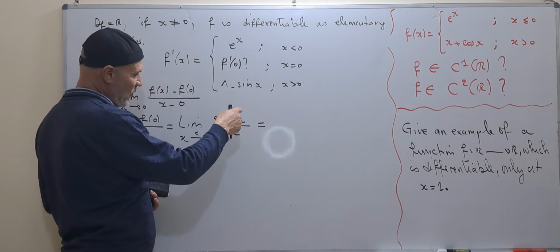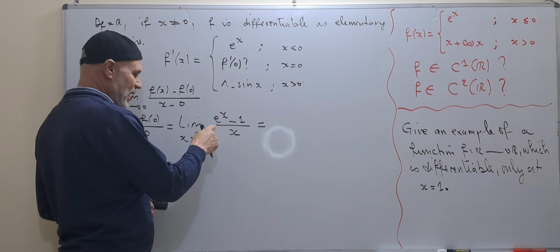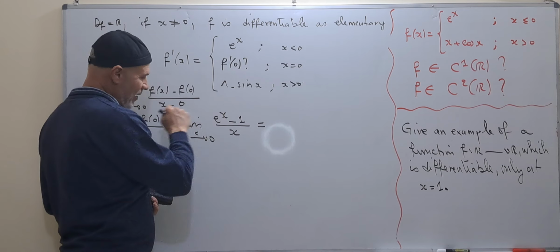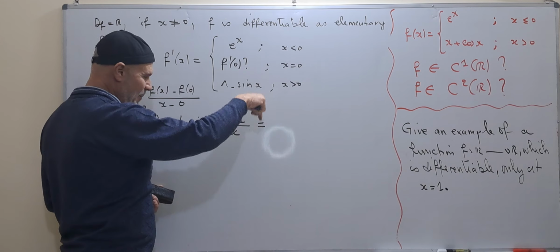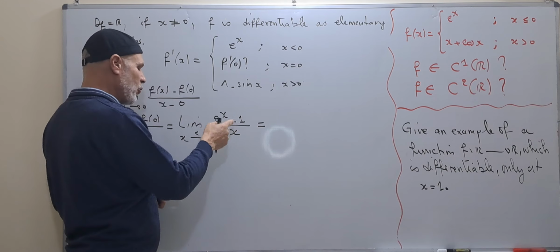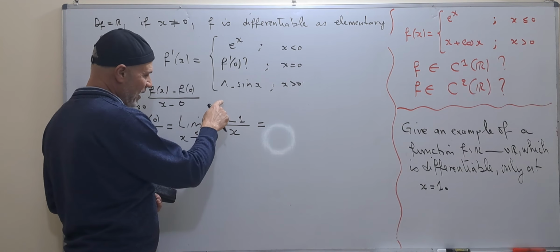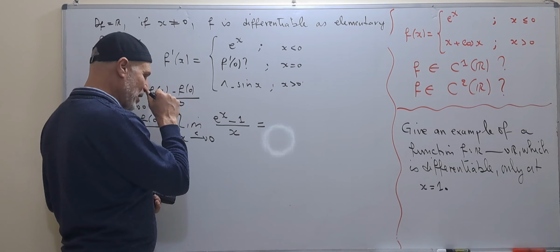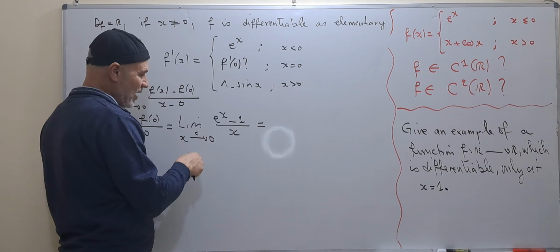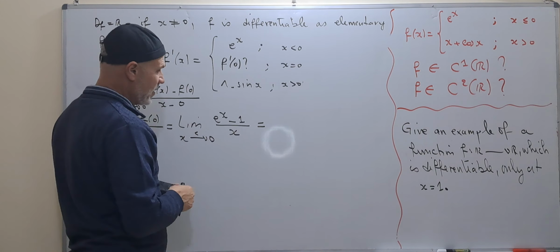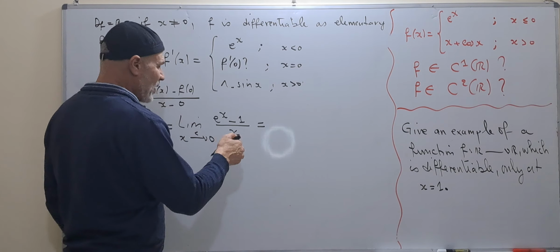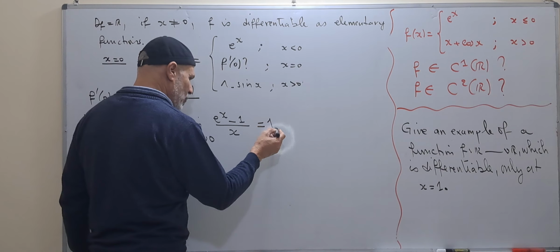We can use the definition of the derivative at 0 of exponential x, so this is the derivative applied at x equal to 0. We can use L'Hopital's rule, taking the derivative of both since we have 0 over 0, and we can use Taylor expansion to find that it is equal to 1.